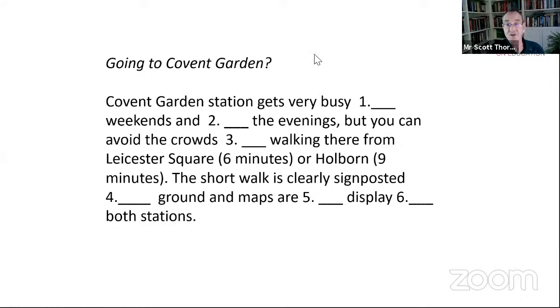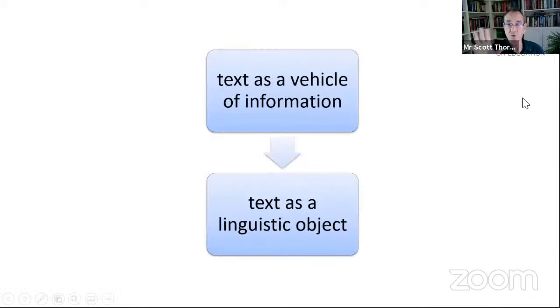And there's lots of other things you could focus on in the text. I've just chosen 2. Its overall structure, including its cohesion, and also its prepositions. But there's a lot of other things there, if we had time, we could focus on. I just want to use this text to demonstrate this principle, that there are 2 ways of looking at a text in a classroom. One, as a vehicle of information. What's the text about?